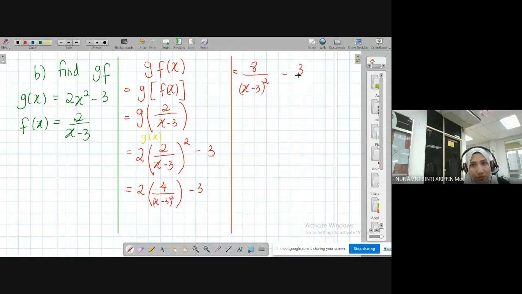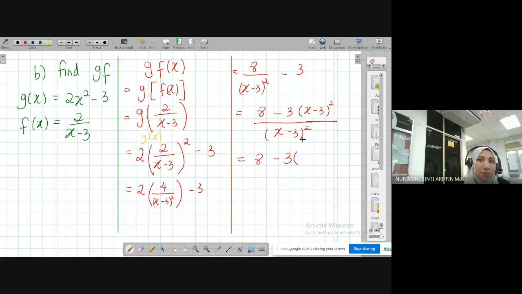To solve the fraction question, you have to make the denominator the same. So how? 8 minus 3 times (x minus 3) squared, over (x minus 3) squared.